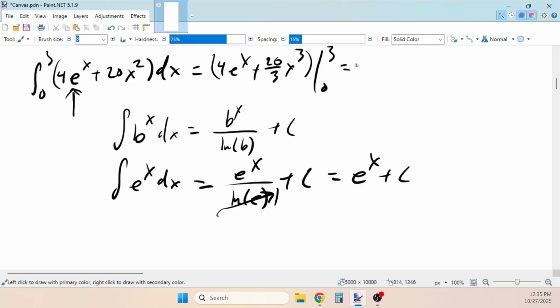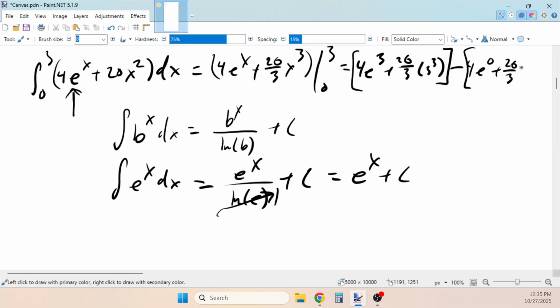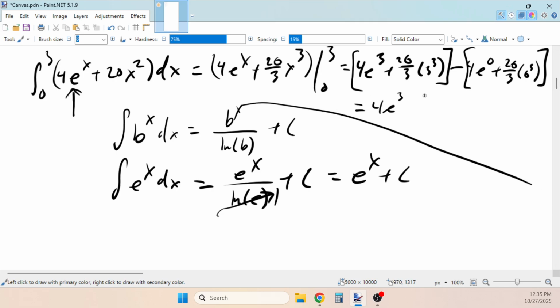So we get 4 3 plus 20 times 3 to the 3 minus 4 times plus thirds, or e. That doesn't simplify.